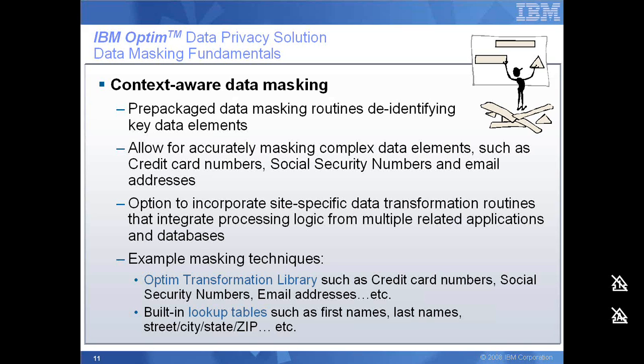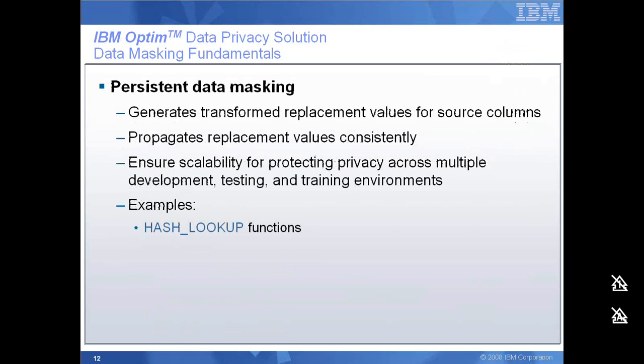So all these can be customized and can be privatized for a specific usage. It's also got support for a large number of built-in lookup tables, which can be used to mask the first name, the last name, the zip code, the street, basically the address. All this can be masked using the lookup tables.